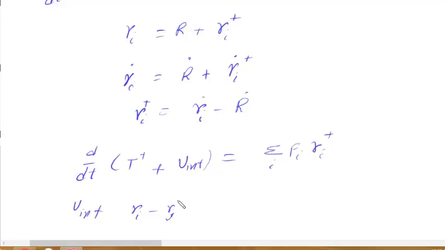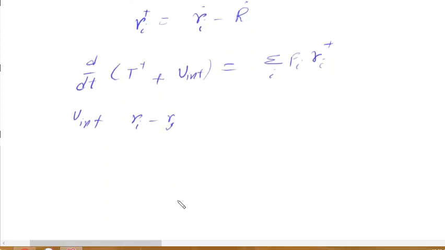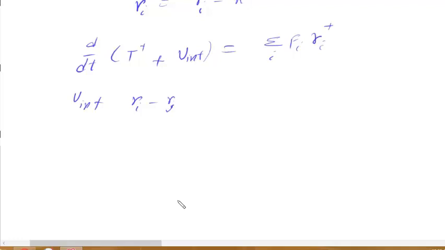Now we suppose that the external forces are also conservative. First we considered the internal potential, and now we consider the external potentials.